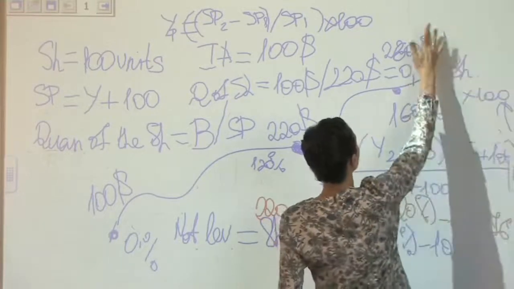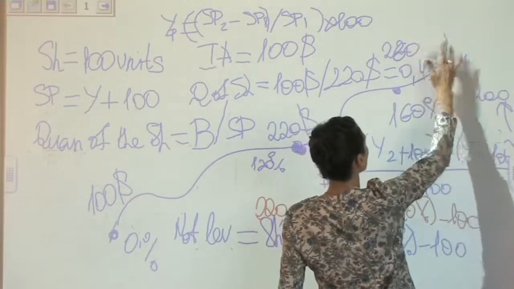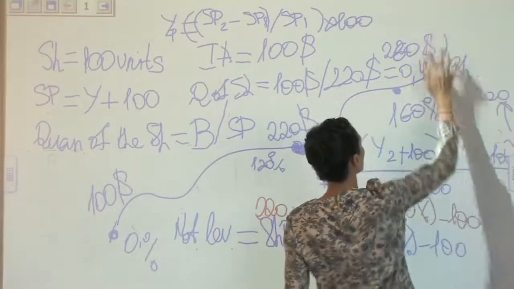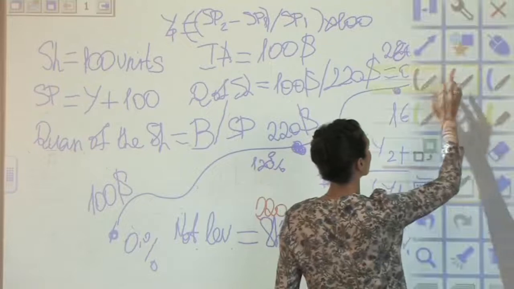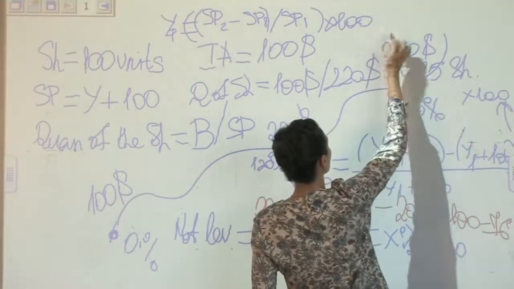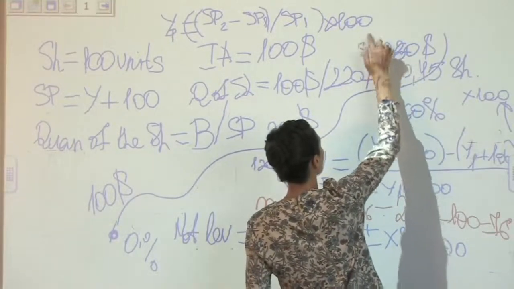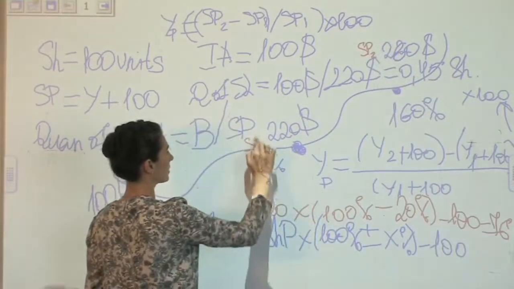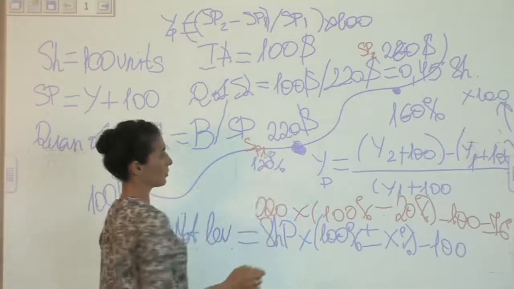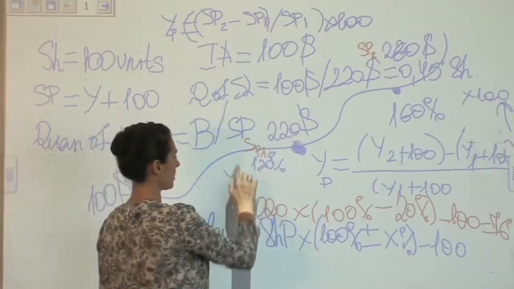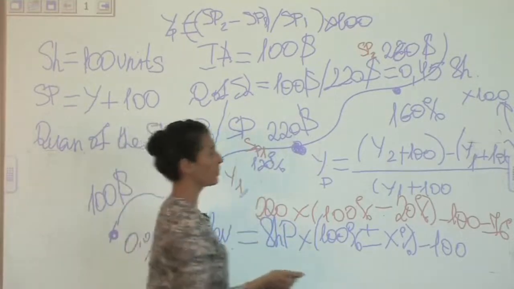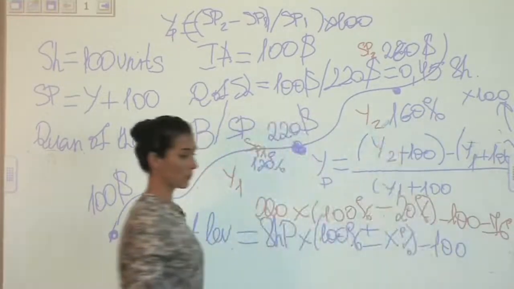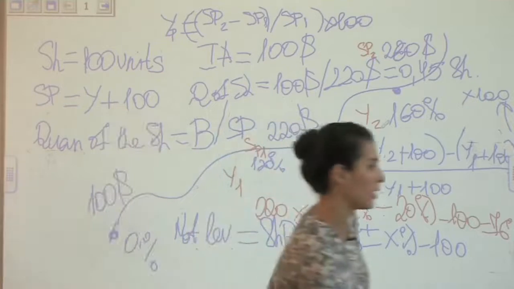Wait, here is not percent, here are dollars. This is the share price at the end of the period. This is the share price at the beginning of the period. This is the yield at the beginning of the period, and this is the yield at the end of the period. So we can count it up now.